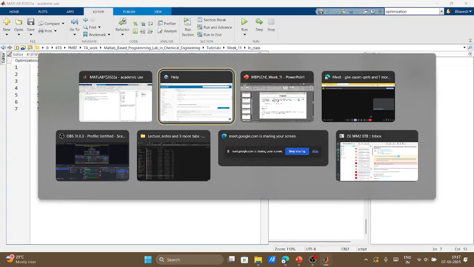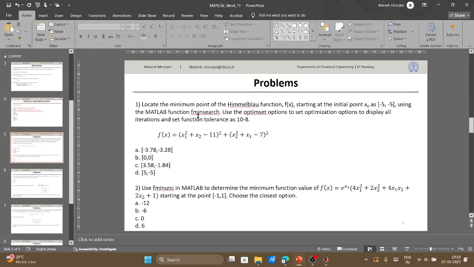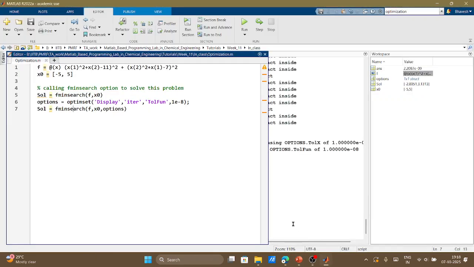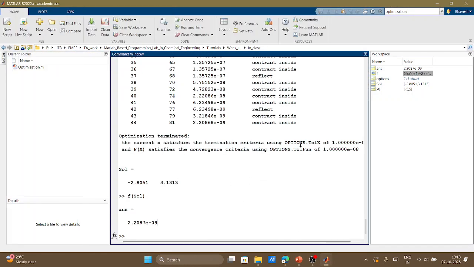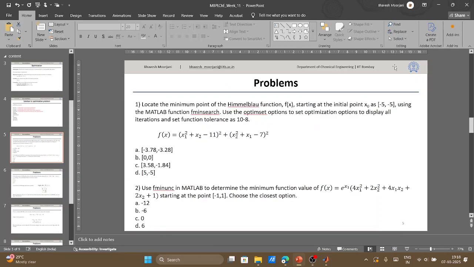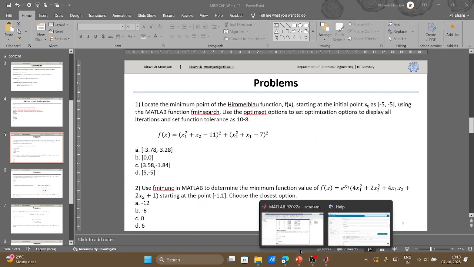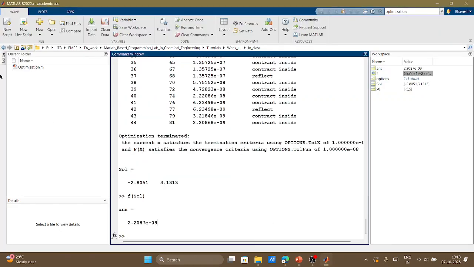Then another thing we wanted to compare was the result. So the result is here, minus 2.8 and 3.13. Why it's not here? X. Let me check.